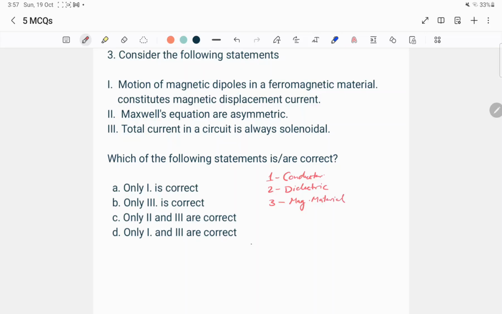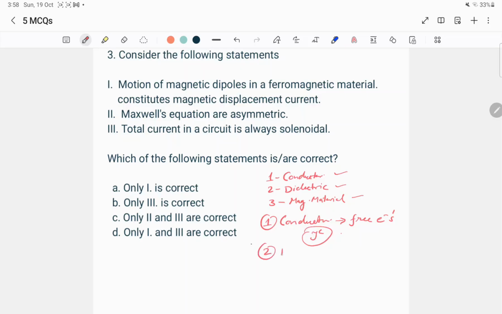These are the three main types of materials which we normally deal with while studying electromagnetic field theory. Now in a conductor we usually have free electrons. Okay, that we already know. So these are free charges which are free to move. That is why they constitute conduction current density, Jc.